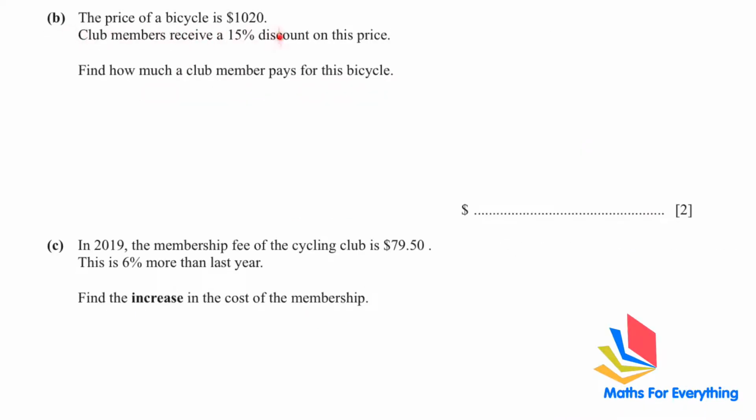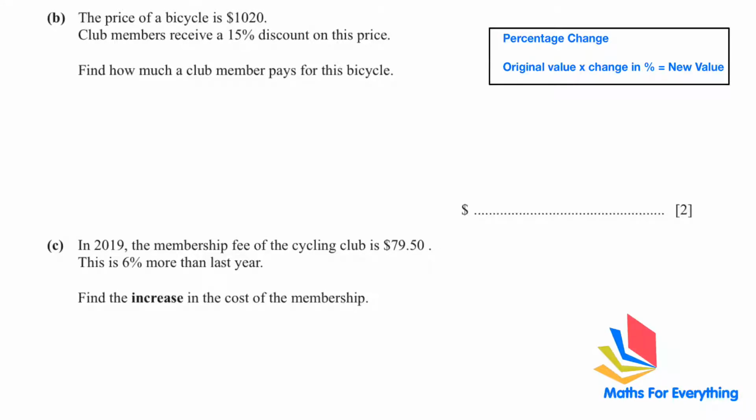The price of a bicycle is $1,020. Club members receive a 15% discount on this price. Find how much a club member pays for this bicycle. For this, we need to know the rule. If there is a percentage change, the original value multiplied by the change in percentage gives us the new value. So our original value is 1020. And there has been a reduction, a discount of 15%.